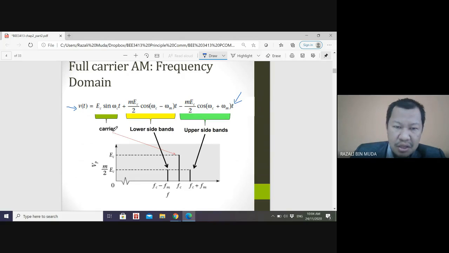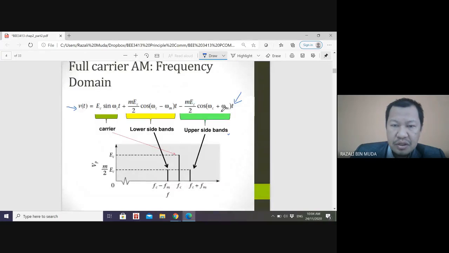You can see here the carrier with omega c or fc frequency, and Ec is the magnitude, and we have here the lower sideband, omega c minus omega m, or fc minus fm, and also the upper sideband, where the magnitude is similar to lower sideband, m Ec over 2, and the frequency is fc plus fm, or omega c plus omega m.